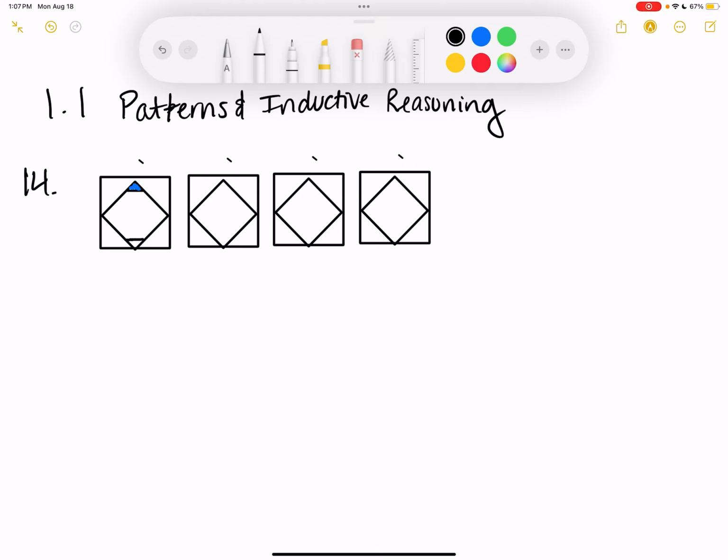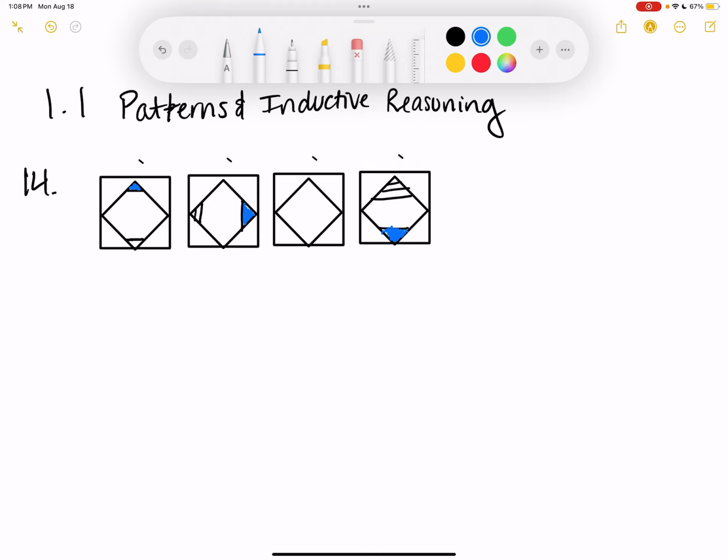The next one, it's over here, and this side has 2 lines. This side over here is colored in. And then this one has 3 lines up here. And this part down here is going to get colored in.